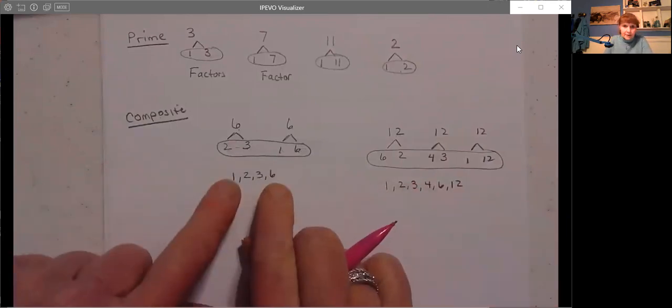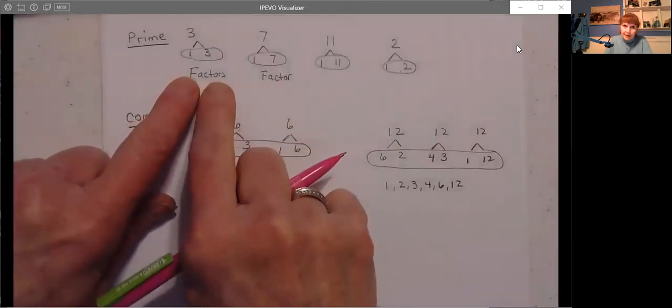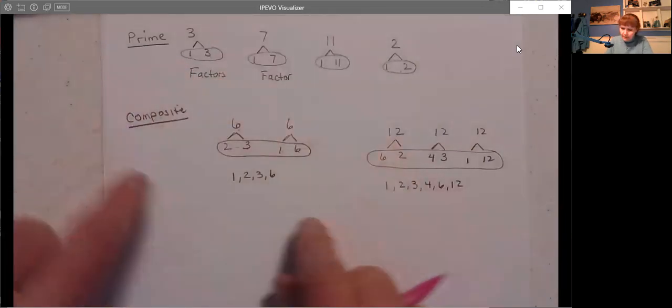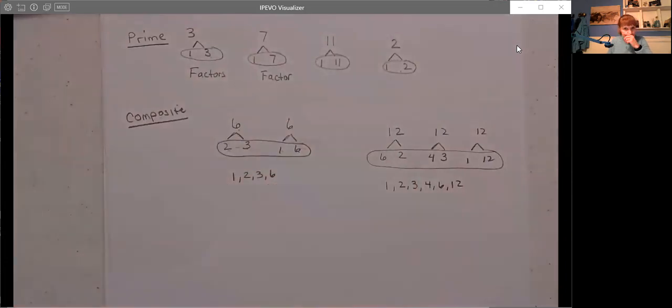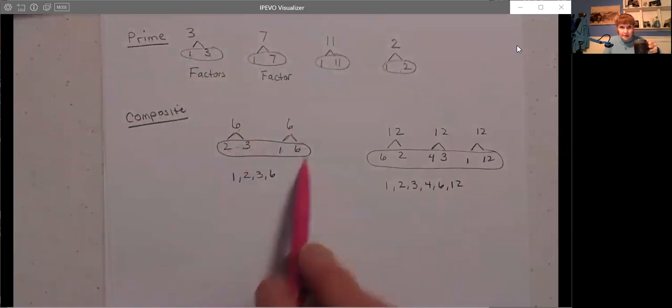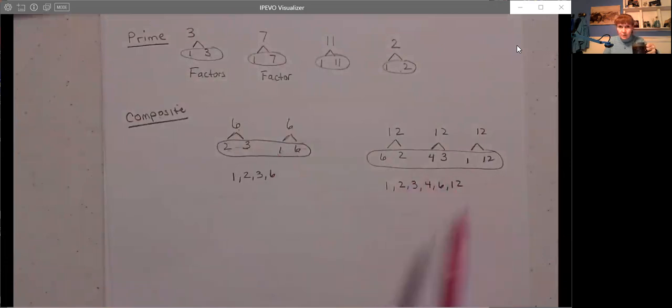Don't forget about the 1 and the 6. All right. If it's a prime, it's really easy to find the factors. It's just 1 and itself. But here, you've got your 1, 2, 3, and 6. And I don't know if my math lab's going to make you put them in order. They may not. You may be able just to do any order. You may be able to go 2, 3, 1, 6. I encourage you not to forget the 1 and the 6 or the 1 and the 12.